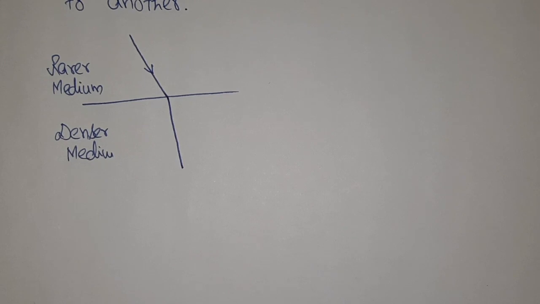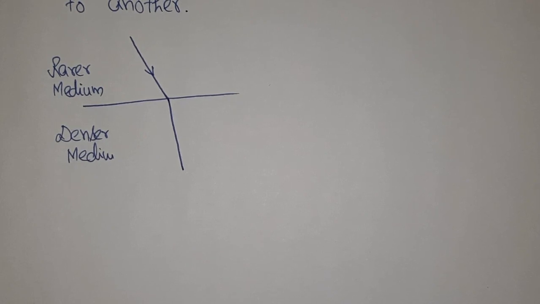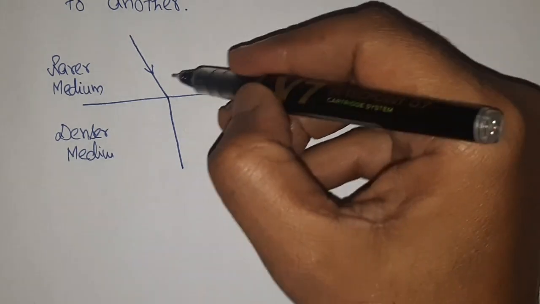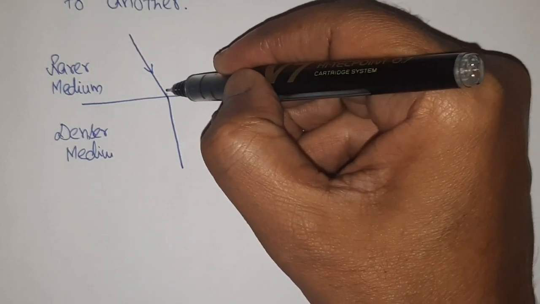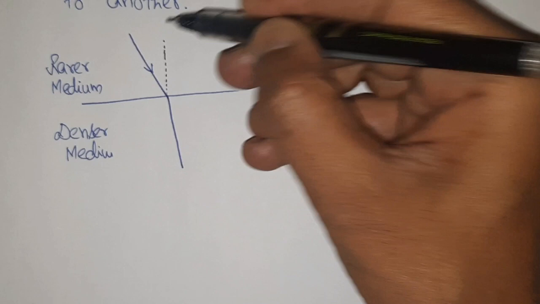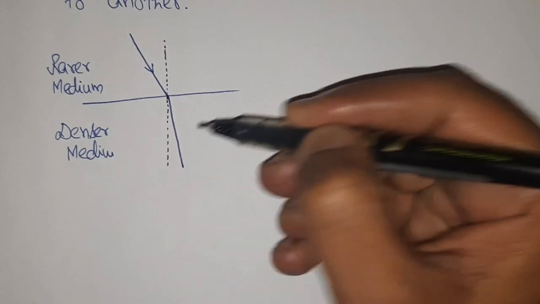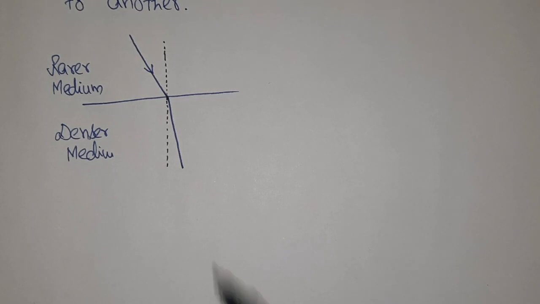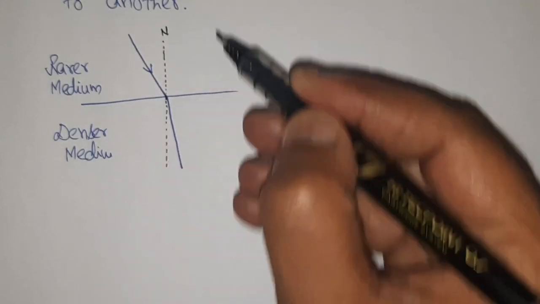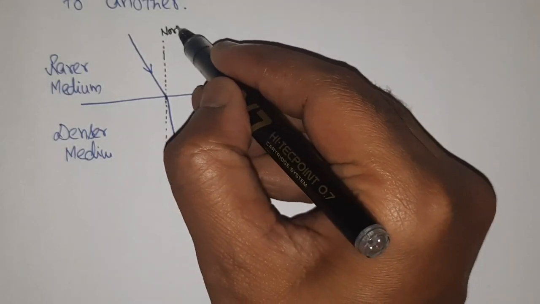Now, what is normal? Normal क्या होता था? Just think of a line drawn perpendicular to the interface. Interface is the line dividing both the mediums. Line perpendicular to the interface, हम उसको normal कहते थे.